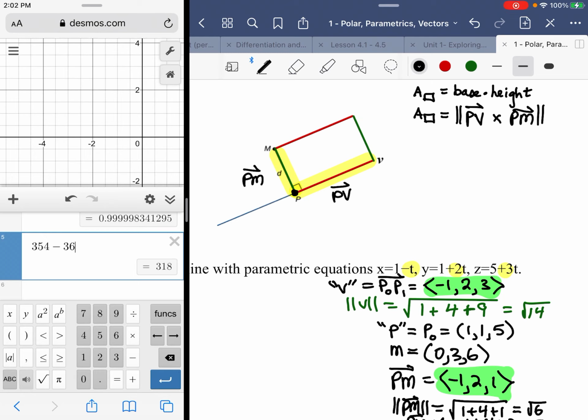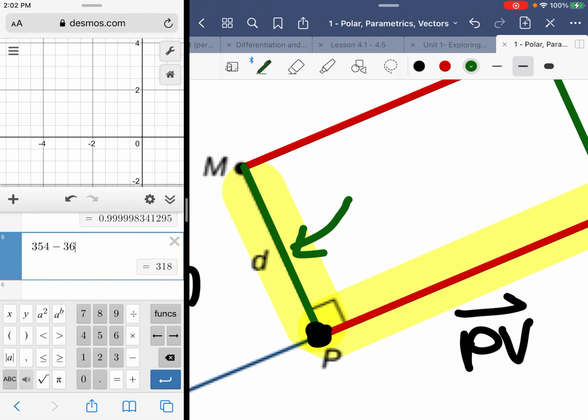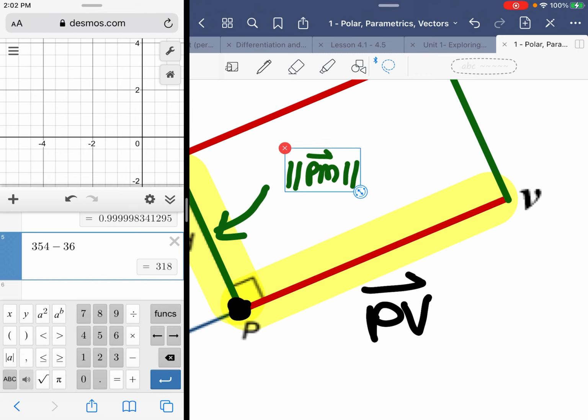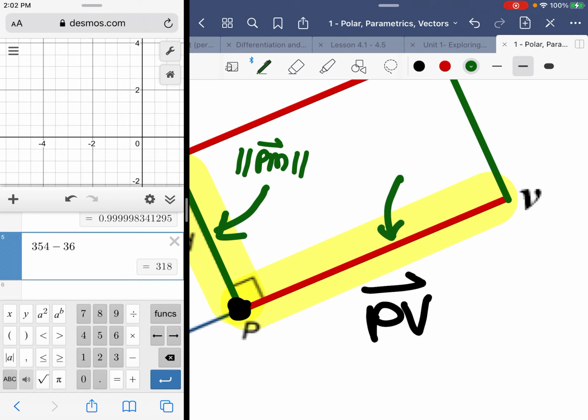What I need is just one single dimension. If I happen to know the magnitude of each side, one side I do, one side I don't. This side would have a magnitude of PM, and this one would have a magnitude of PV.